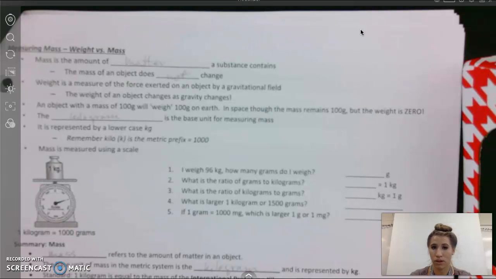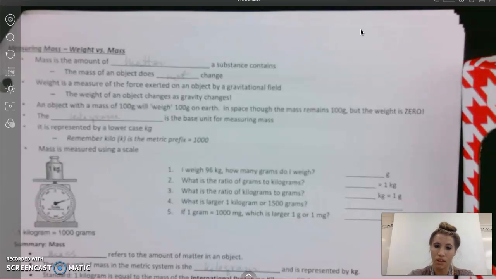Its weight on Earth is greater than its weight on the moon, and it's weightless, free floating out in space. The reason is that weight is the gravitational interaction between the object and the Earth, or the object and the moon. Any two items that have mass have a gravitational attraction. So that's the difference between the two.